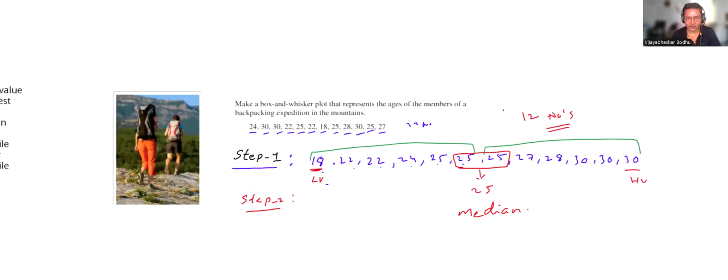The two middlemost values, the average is 23, which is known as quartile 1. From the second half, again find the median, and that is 29, which is known as quartile 3 or upper quartile.